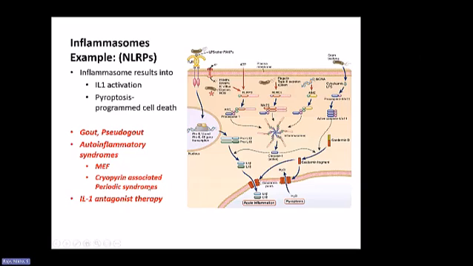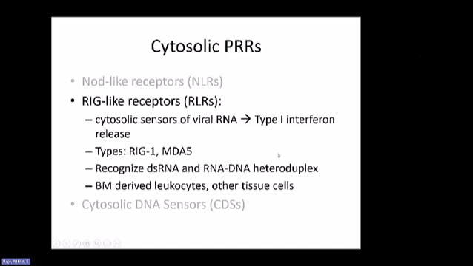These defects are like familial Mediterranean fever, and those can be treated with anti-IL-1 therapy. So this inflammasome reaction is pretty important in the pathogenesis of some of these disorders.